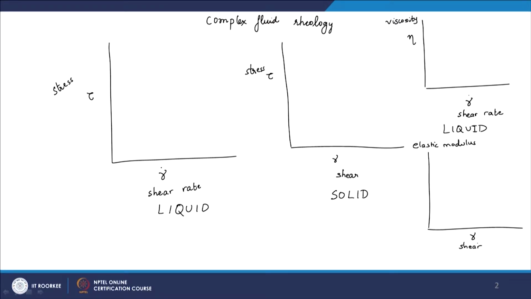Then different materials show different behavior. When we call a material a Newtonian liquid, it has a straight curve here, the slope of which characterizes the viscosity eta. This is what is called a Newtonian liquid.